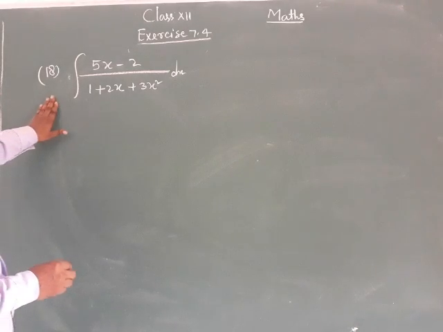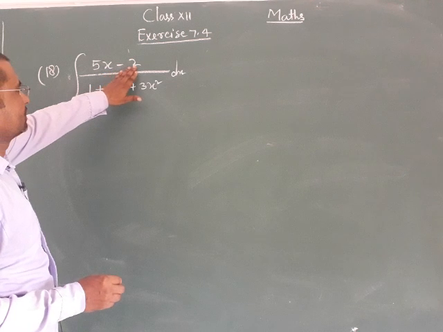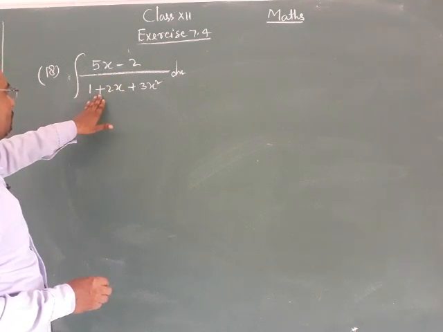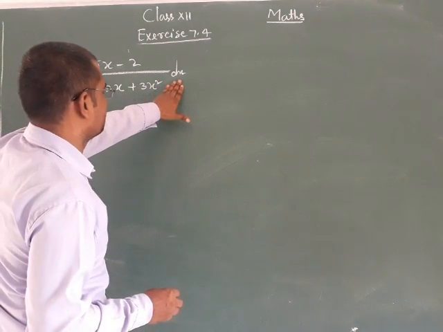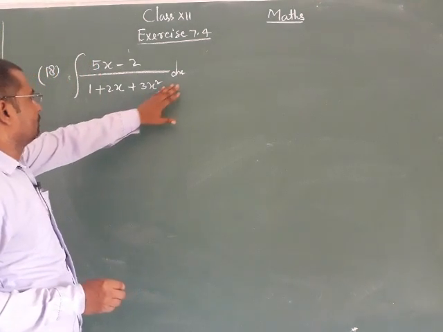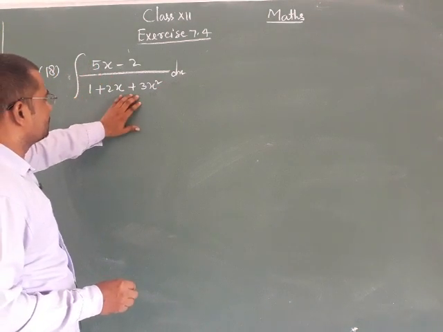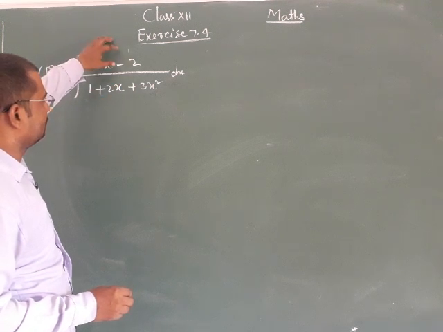Question number 18, integral of 5x minus 2 upon 1 plus 2x plus 3x square dx. The derivative of this is not found in this way.